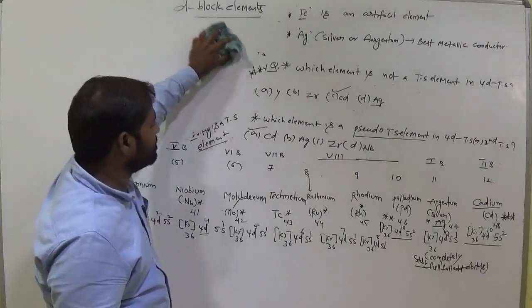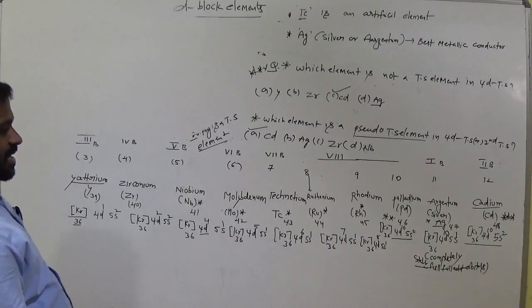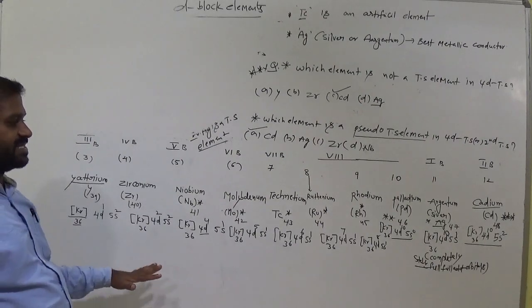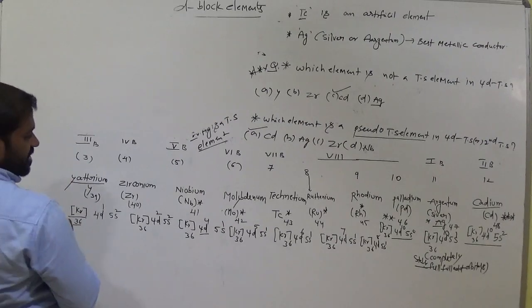Is it clear, students, up to here? So, except cadmium, all the remaining are transition elements.